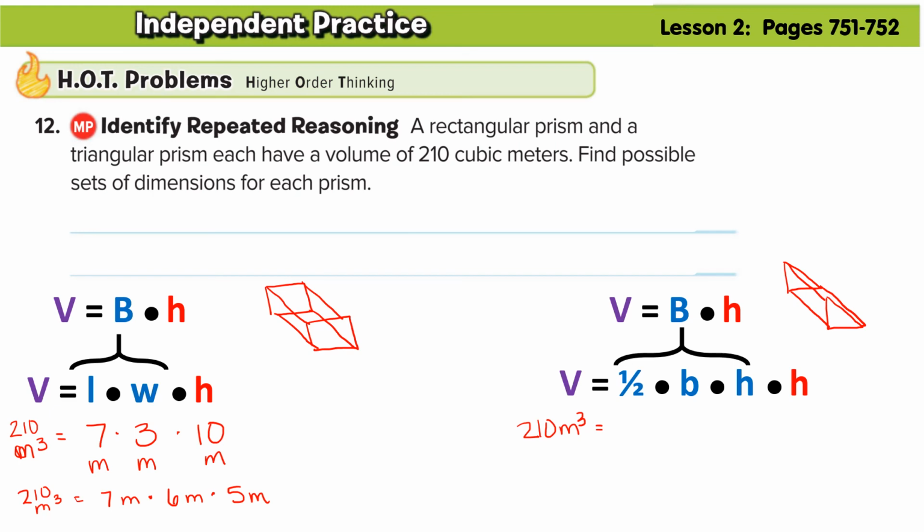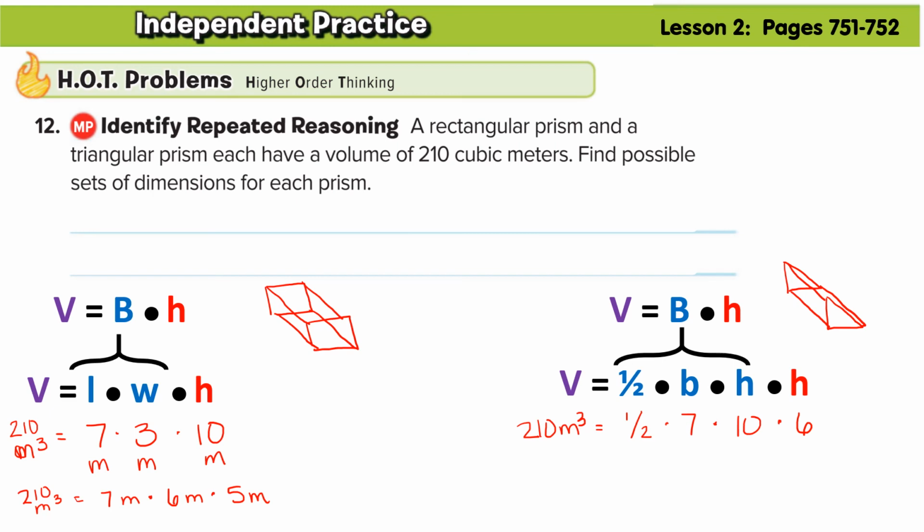The same situation. So over here, we want to have, what I would do, I'm trying to think here. I would probably do 1/2 times 7 times 10 times 6. And the reason I say that is because ultimately I want to get the same measurements here.